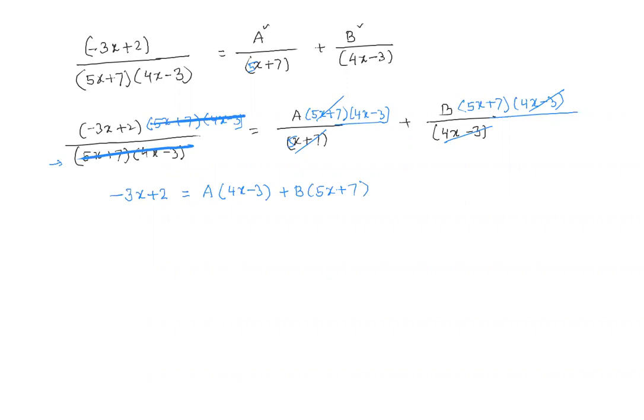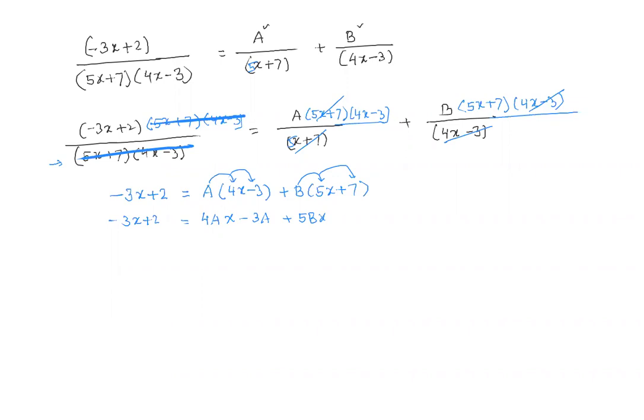Now, what you want to do is simplify it. Negative 3x plus 2 is equal to, using the distributive property, 4a times x. A times negative 3 is negative 3a, plus b times 5x is 5b times x.